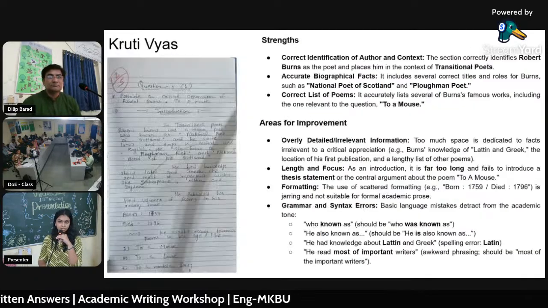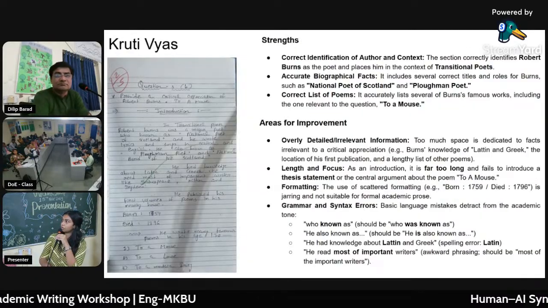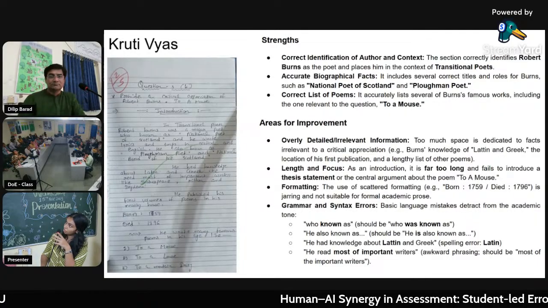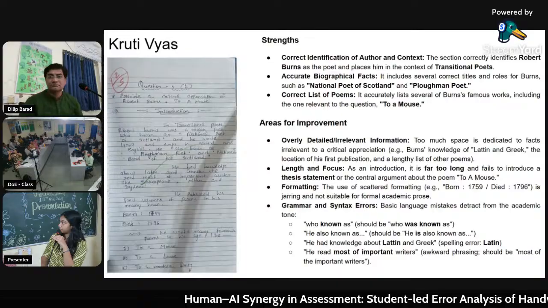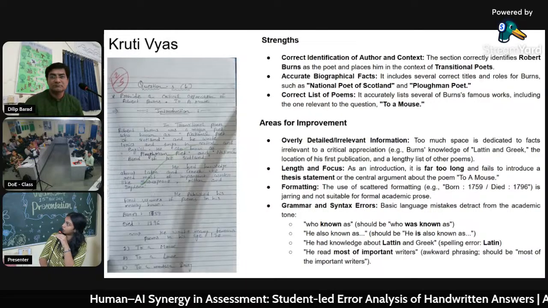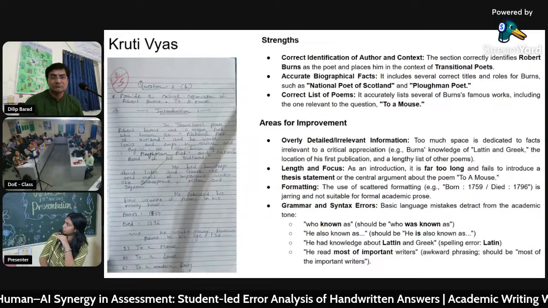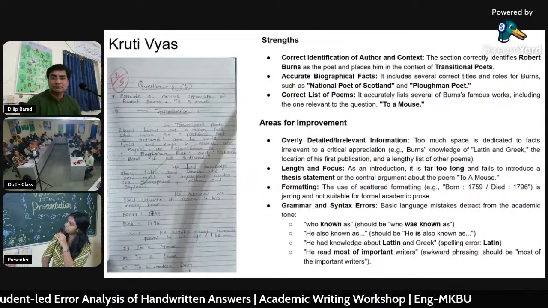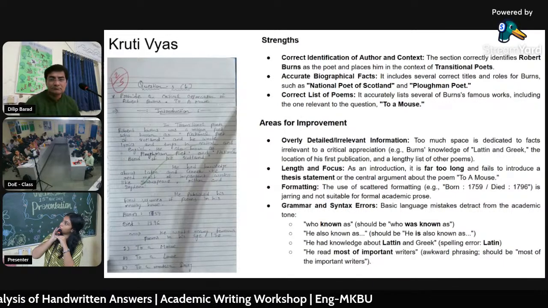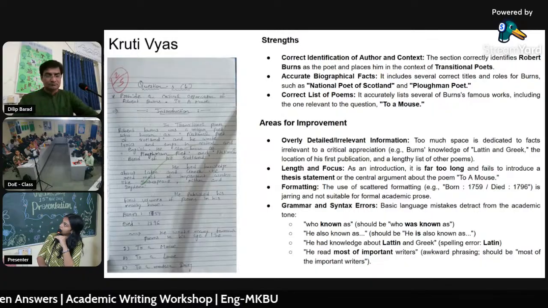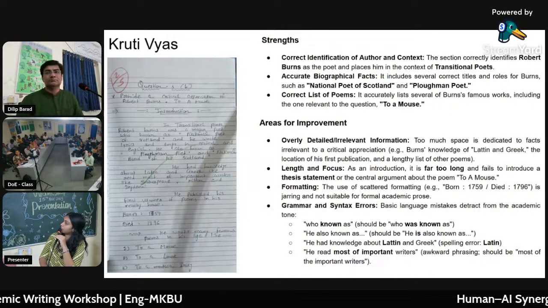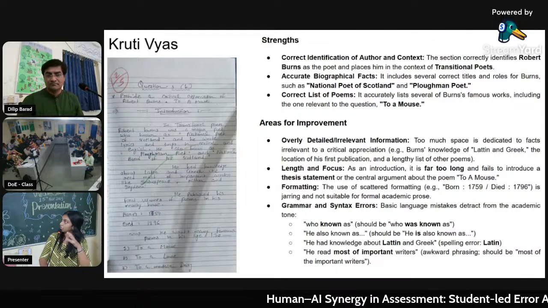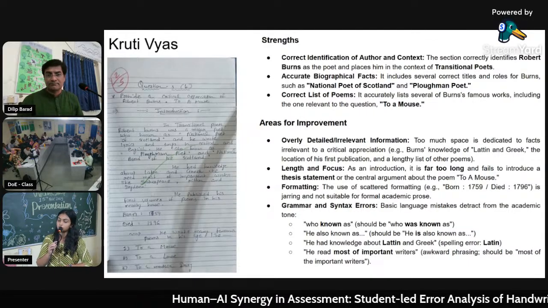Next slide, please. This one is Kruti Vyas's, and she has talked about the second paper we had, on the Restoration and Puritan government. She has correctly identified the author and context, Robert Burns, and the context of the transitional poets.